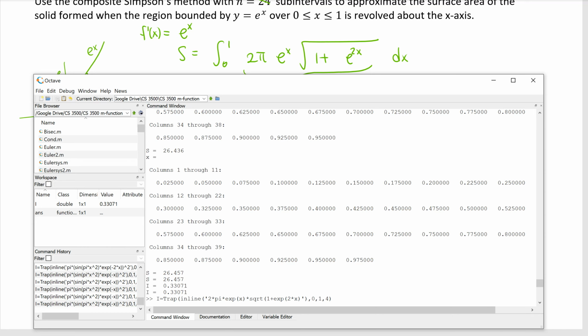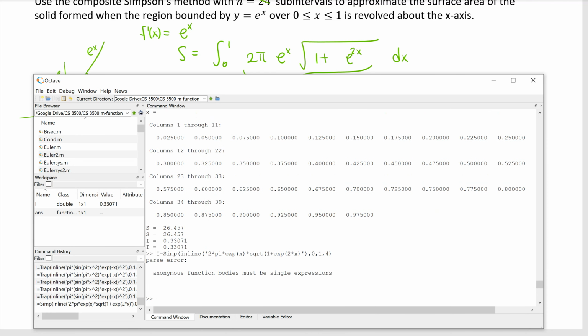Okay, let's see. Are we good? Okay, we're looking for Simpsons method. So SIMP. Oh, did we forget something?